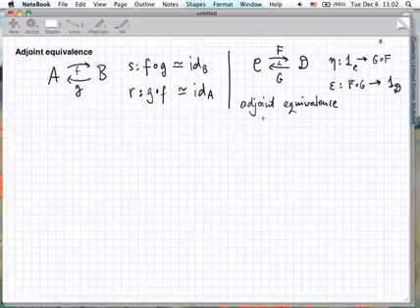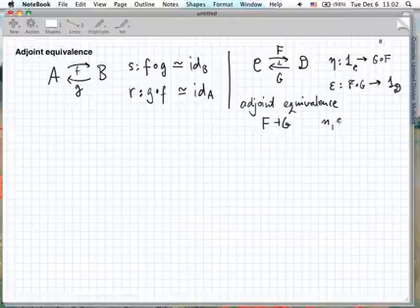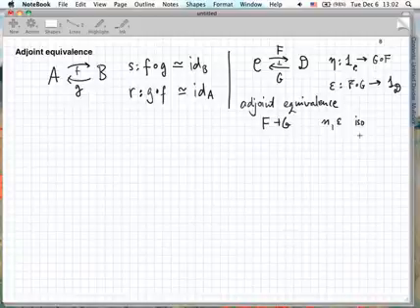Which means I have an adjunction, F to G, and the unit and the co-unit are natural isomorphisms. That is stronger than saying just I have eta and epsilon, which are natural isomorphisms. I also have this thing here. So that part is missing here.